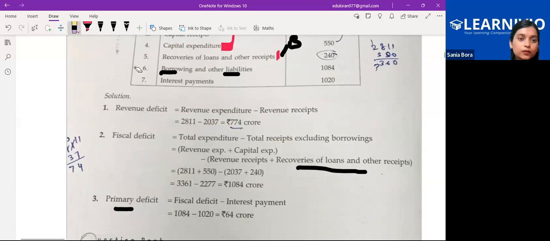Ma'am, the third one. Second one also. It's revenue expenditure plus capital expenditure, right? So 2811 plus 550, then 2037 plus 240, and then subtract both. Ma'am, first I gave this answer, you said no, it's wrong. Then I changed my answer, 1084 you said?